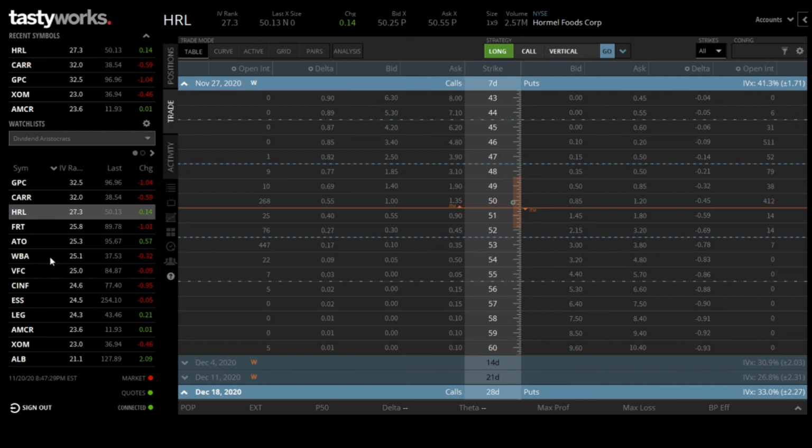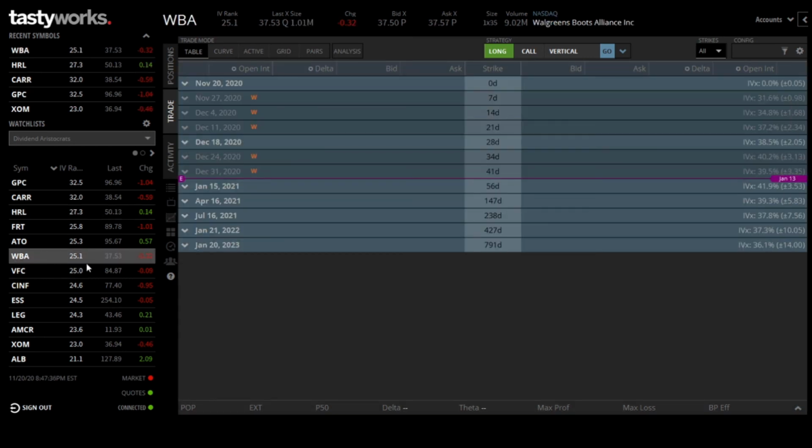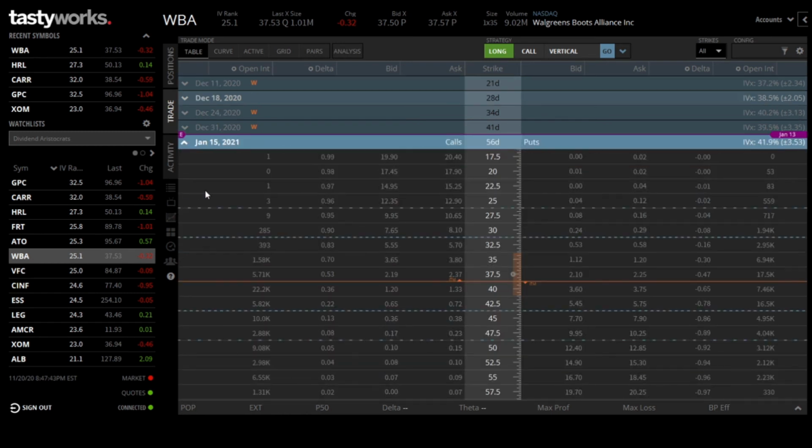For example, recently Amazon is coming out with their own pharmacy, so that's why Walgreens is taking a big hit, and I might actually take a look at this one too, because whenever you see headlines like that, it could also be a clue, or maybe some trade ideas that you can act on.